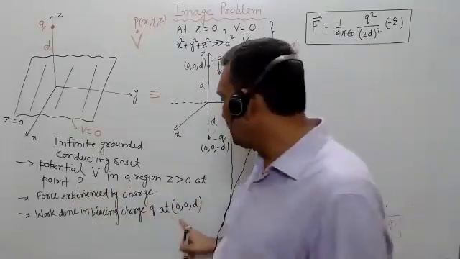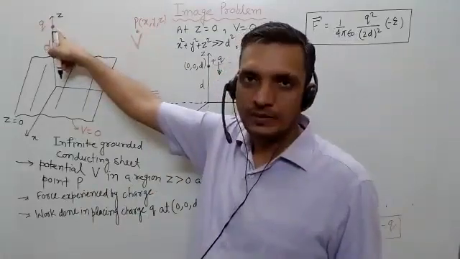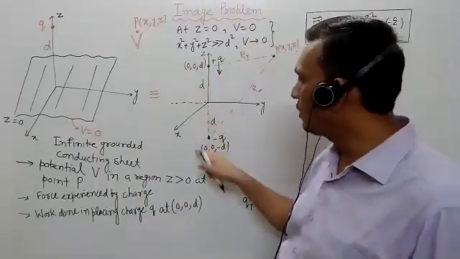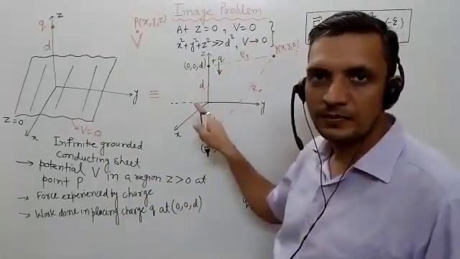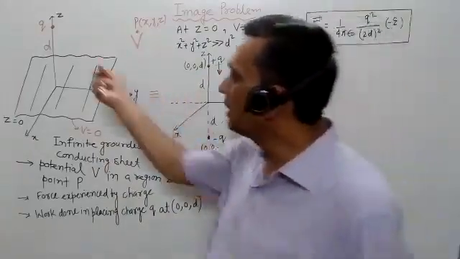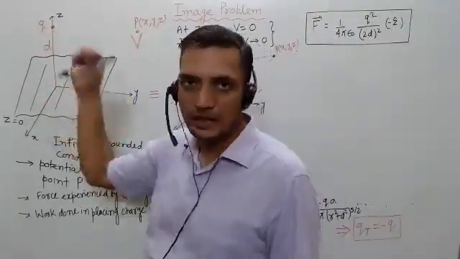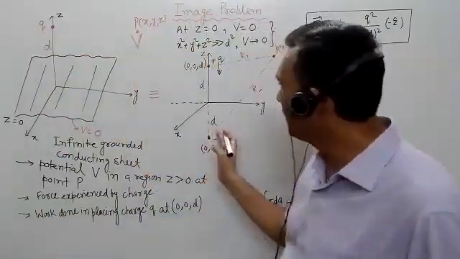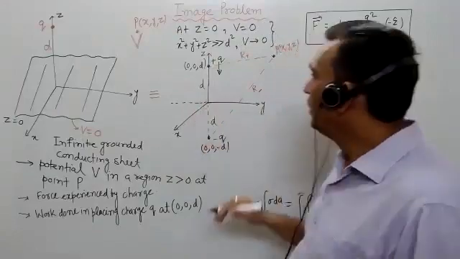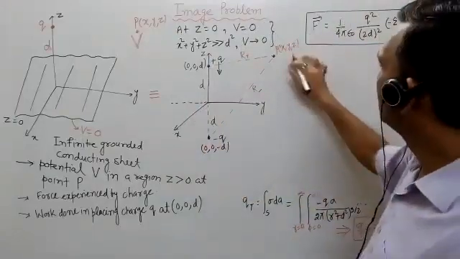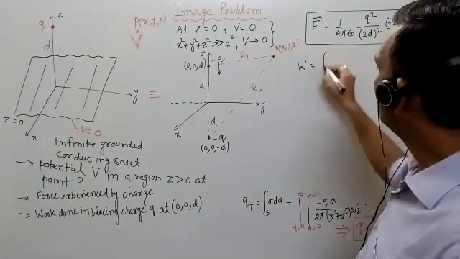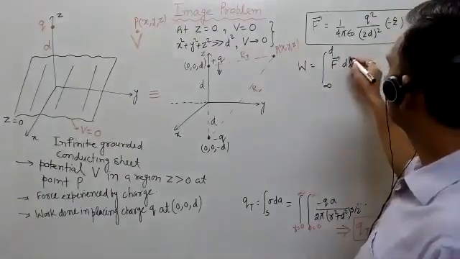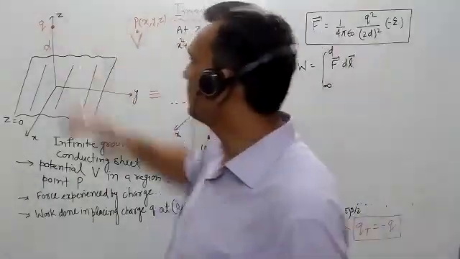Now what will be the work done in placing charge q at this point? You have to remember this point. You don't have to write the electrostatic energy of these 2-point charges, because you have to find the work done in placing charge q near this conductor. You will see that work done will be half of the electrostatic energy of this case. How will you calculate work done? You will get the integral from infinity to d of F dot dl. Use this relation, and dl is along z direction.